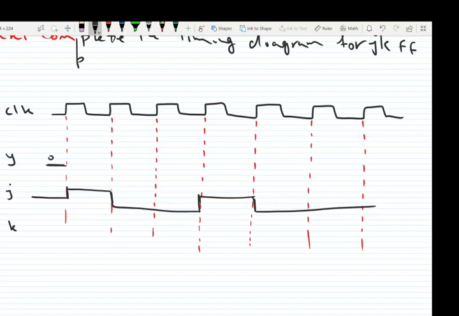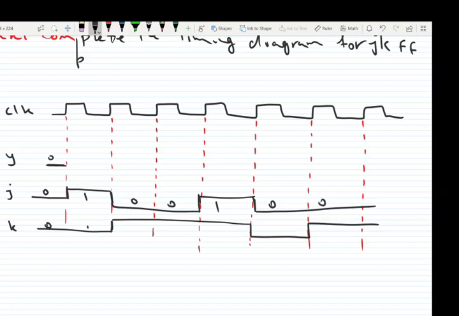The K input starts from 0, it's 0 for 2 cycles and it changes to 1 for 3 cycles, then 0 and again 1. So the K values, of course, we know are 0, 0, 1, 1, 1, 0, 1.